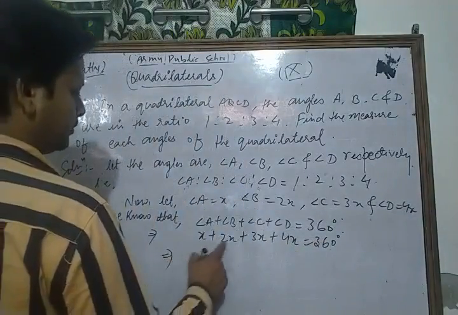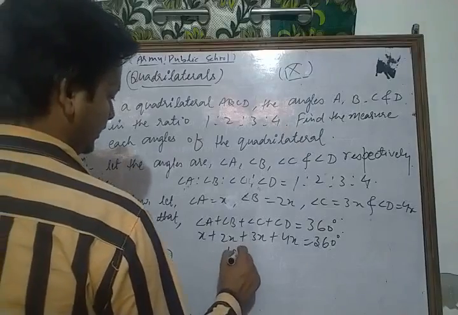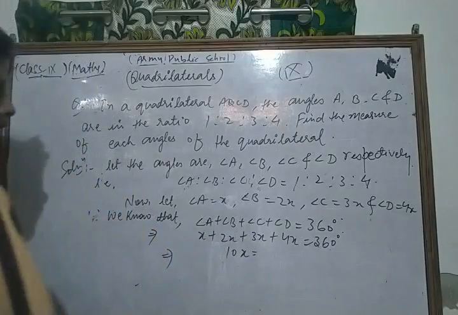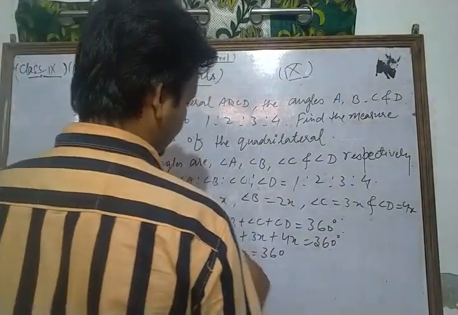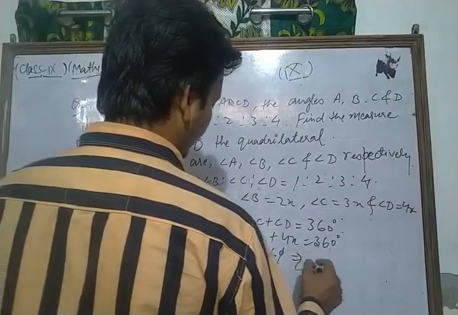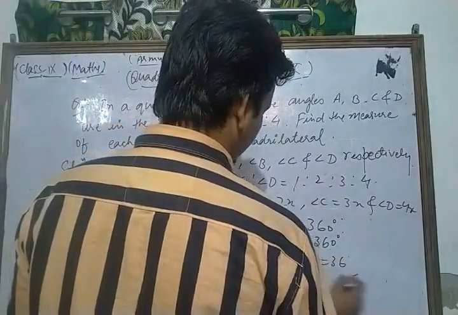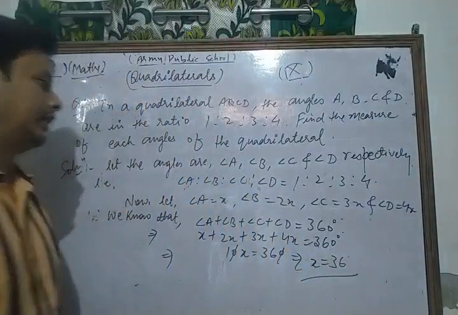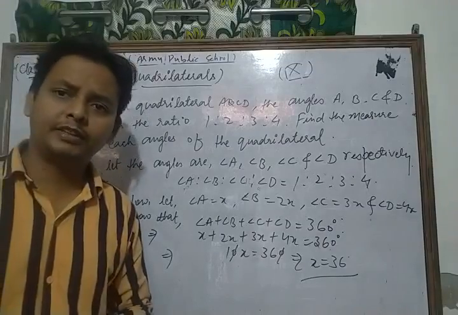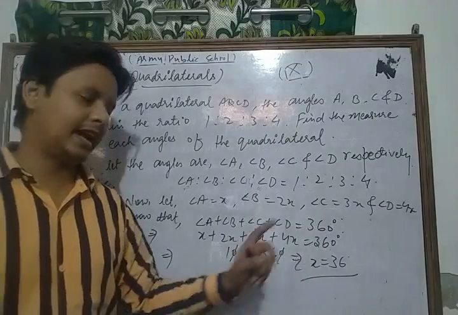So we get 10x is equal to 360, the zeros cancel each other, so the value of x is 36. In this way we find the value of x.